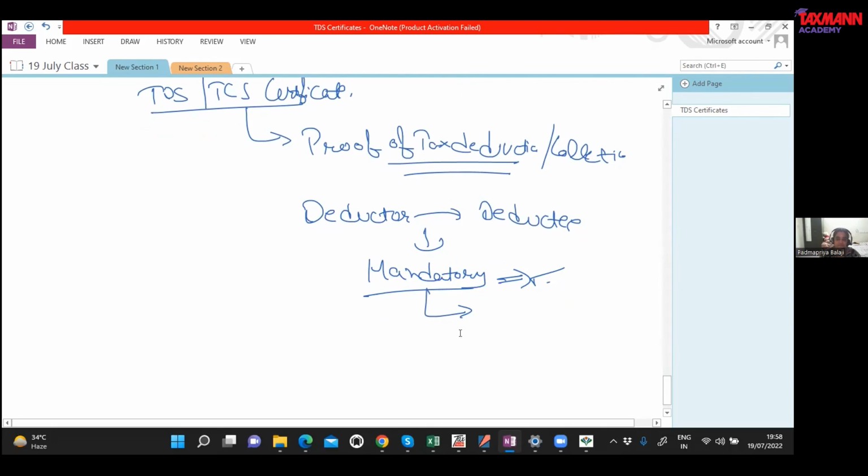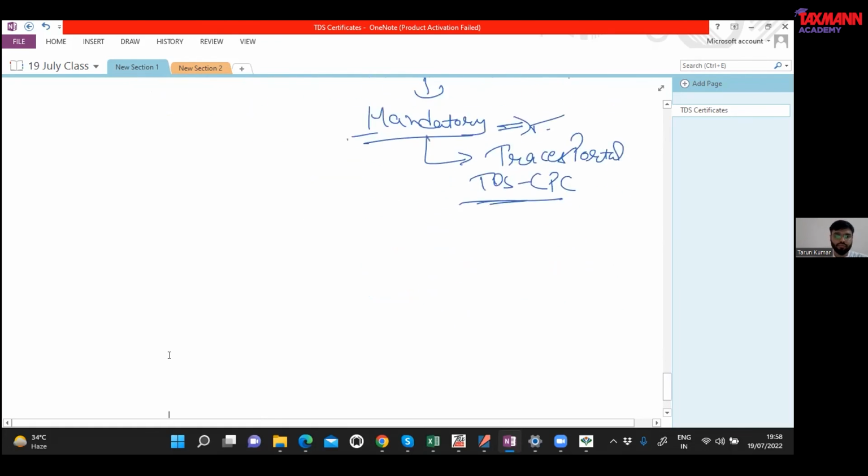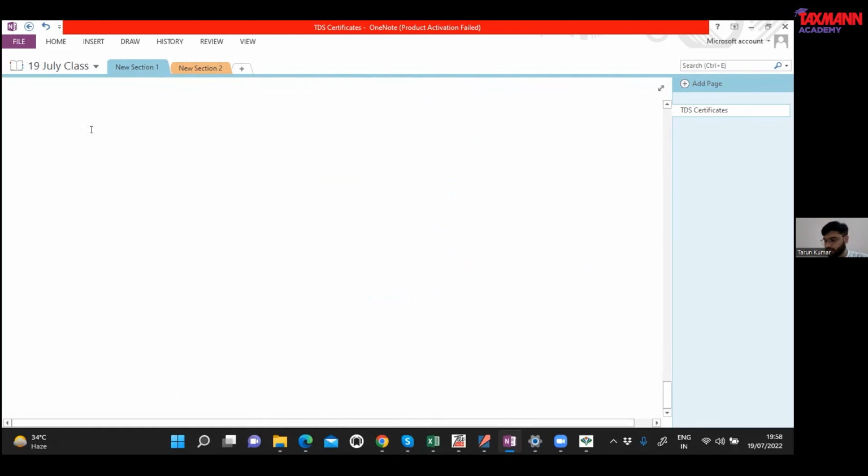Yes. So again, it is a proof of tax deduction or collection. The deductor has to issue these certificates to the deductee, and it is a mandatory process. These are to be downloaded and issued from the Traces portal, which is the TDS CPC portal. Now coming to TDS certificates: 16, 16A, 16B, 16C, 16D.